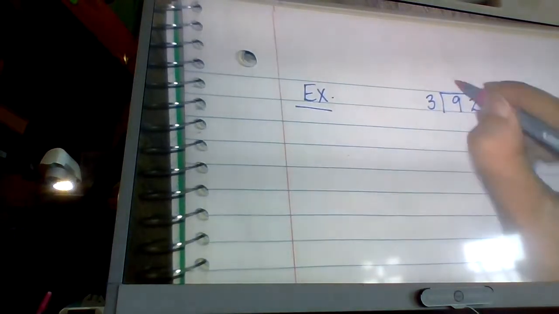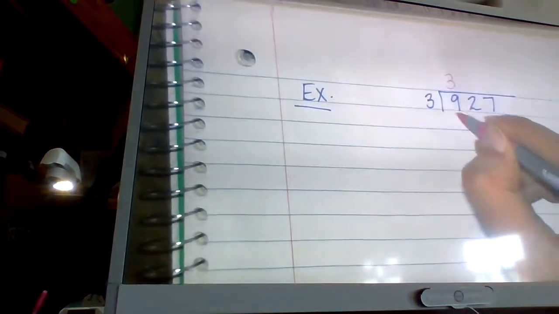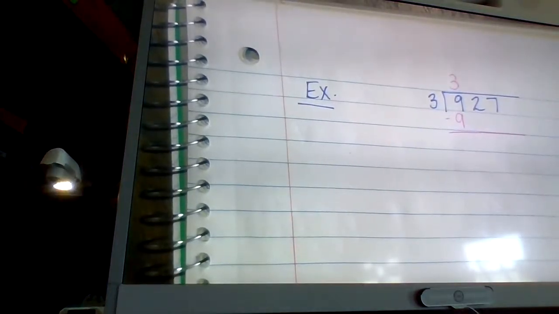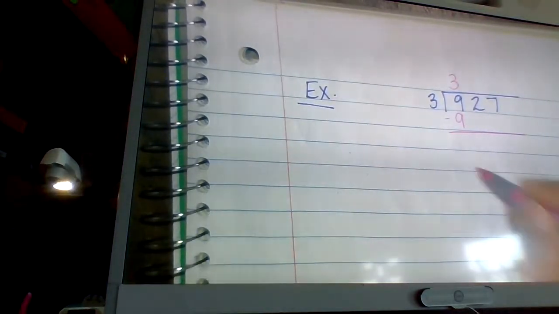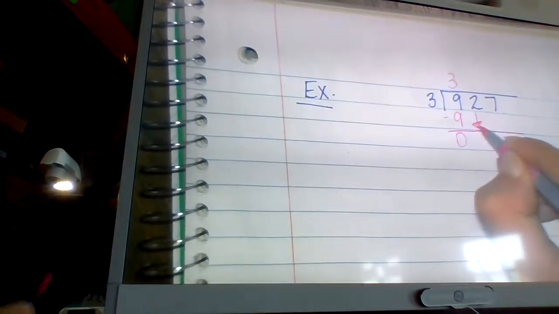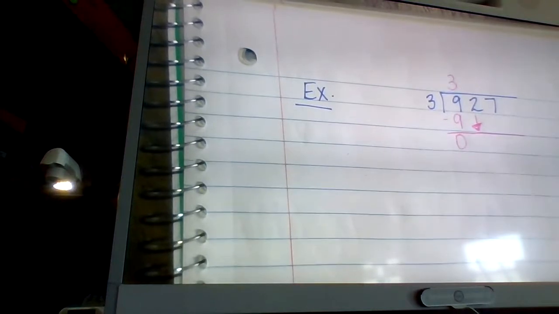Well, I know that 3 times 3 is 9. And when I subtract, 9 take away 9 is 0. And then I can bring down my next digit, which is the tens place, which is 2.